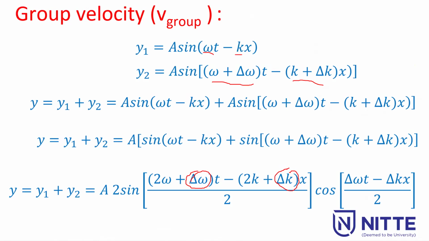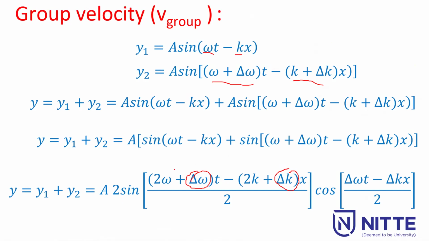By neglecting these, we get 2 omega t minus 2kx. If you take 2 common, the 2 will cancel. Then you will get 2a sin(omega t minus kx) into cos((delta omega t minus delta k x)/2).